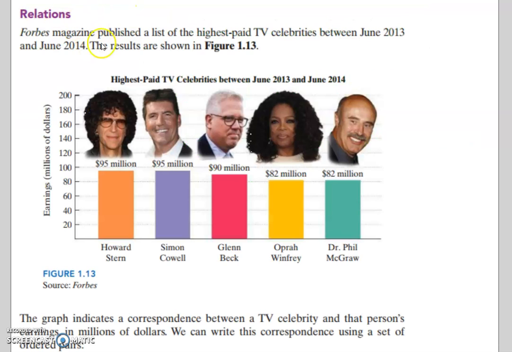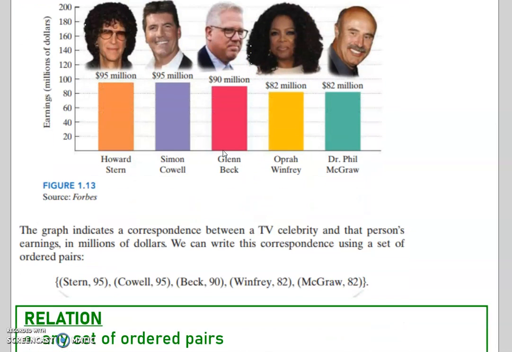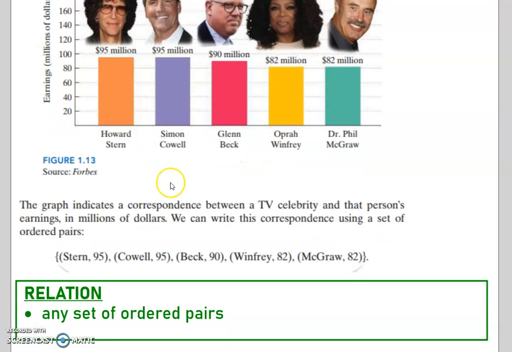Okay, relations can be about any two quantities. This is literally just the relationship between high-paying celebrities and their earnings. It's just two different quantities and how they are related to each other. So it doesn't matter whether we're looking at celebrities and earnings or numbers, that is a relation.